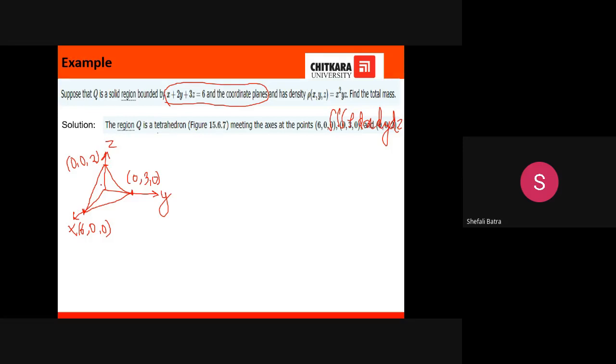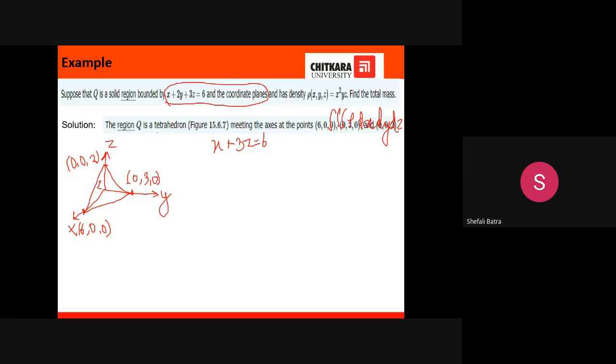When I'm talking about this xz plane, in this xz plane y would be 0, right? So when I'm putting y is equal to 0, x plus 3z is equal to 6 is what? It's a line, na? x plus 3z is equal to 6. So I'm drawing this line. So you will have this triangle in the xz plane. This is the first part, right?